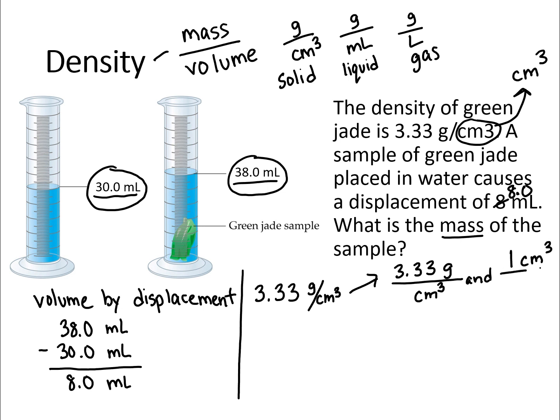It's just an implied 1. So we can actually write that there. So that's density as a unit factor. We didn't do any calculations yet. We're just taking the information that we have and making it more usable. Because once we have a unit factor, we can convert from volume to mass.